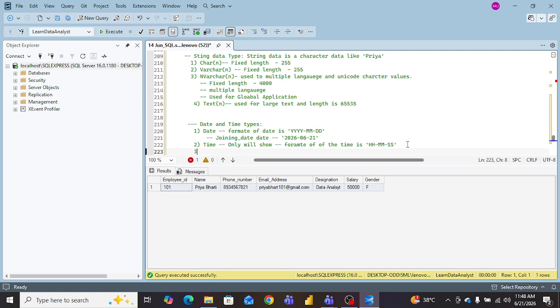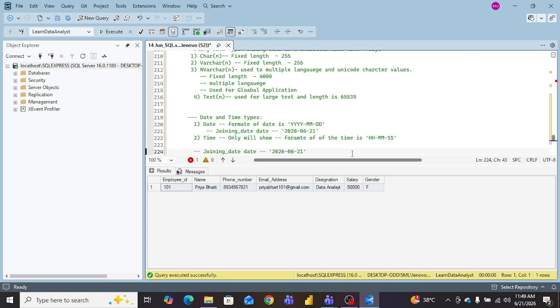How can you do that? It is date plus time in the same value. I give you another example, the same example, with joining date and time.